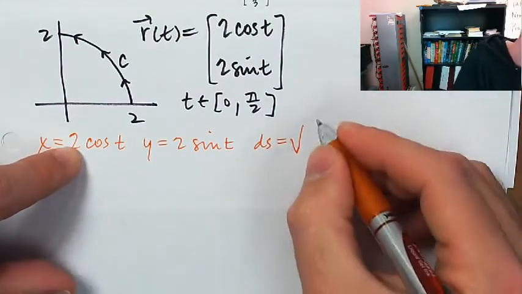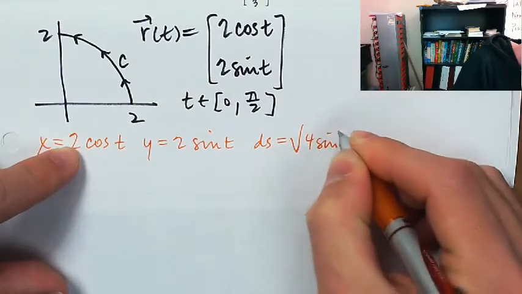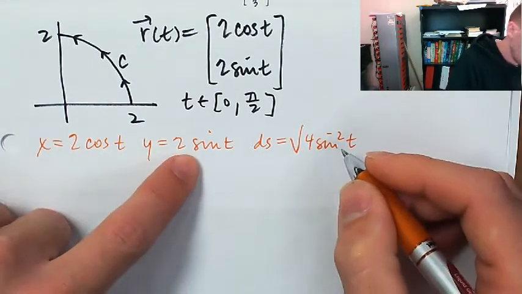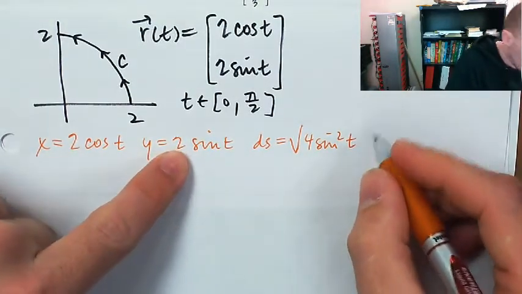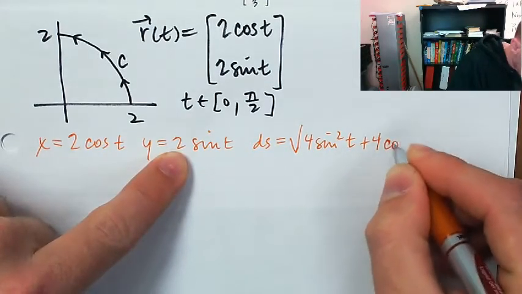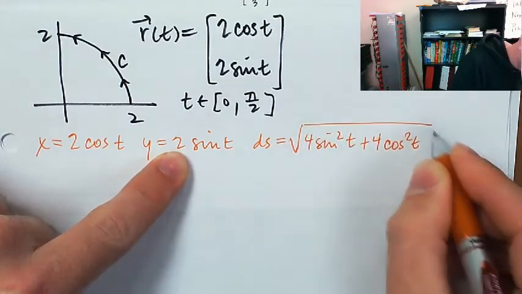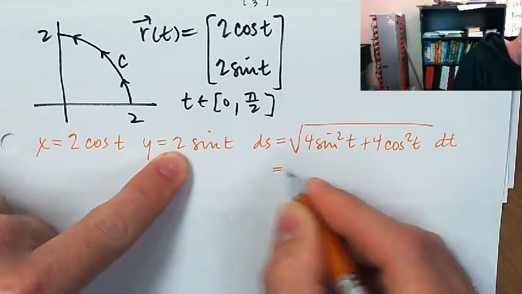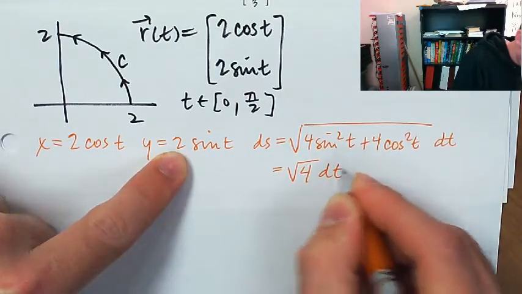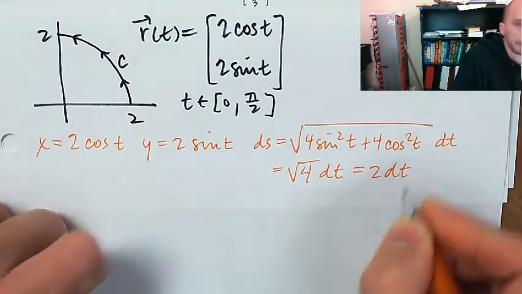I square that, I get positive 4 sine squared t. Take the derivative squared, I'll get 4 cosine squared t. And that's going to be the square root of 4 dt, which is going to be 2 dt. Okay.